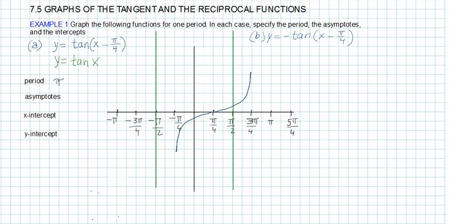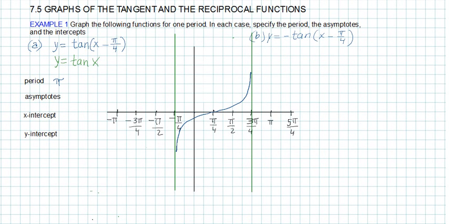Well, same asymptotes but shifted. Well, not the same asymptotes. Now we have negative pi over 4 because we shifted it pi over 4 here. This one is going to be 3 pi over 4 because we need to shift it pi over 4 to the right.